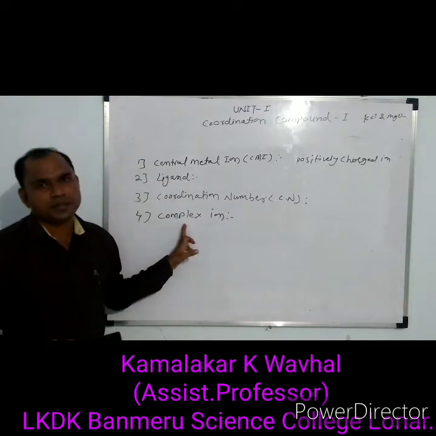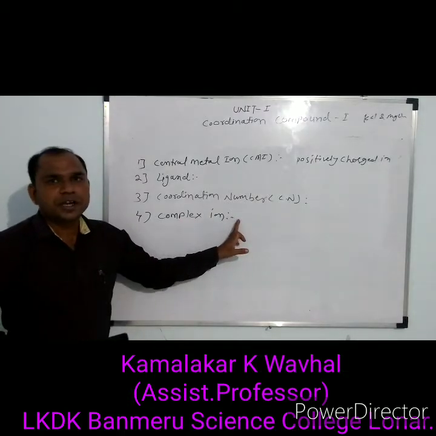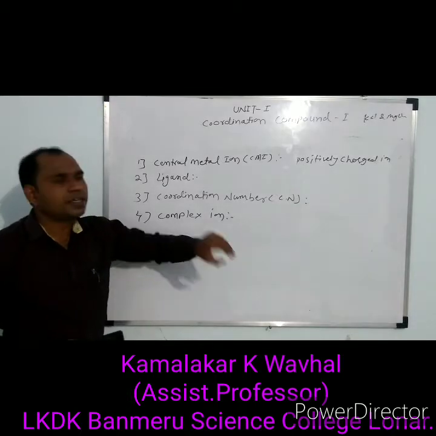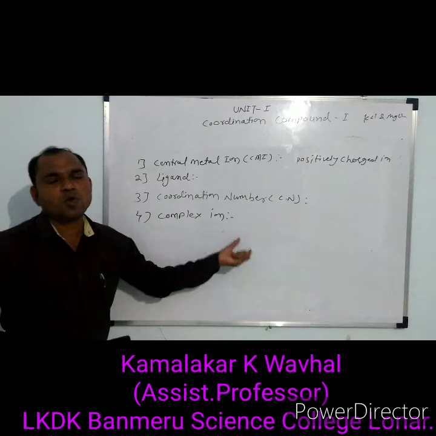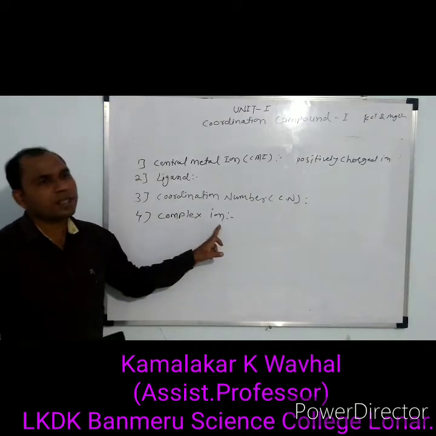What is the definition of complex ion? An electrically charged radical containing the CMI and two or more ligands in a coordination complex is called the complex ion.